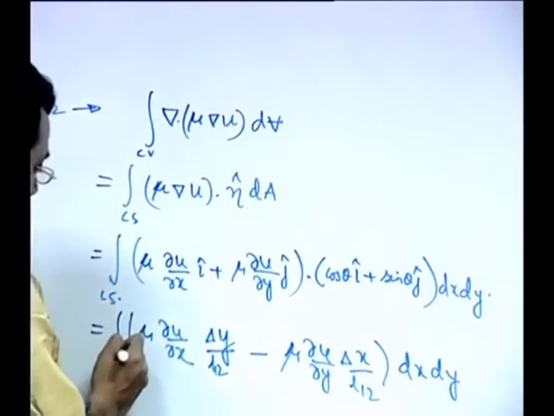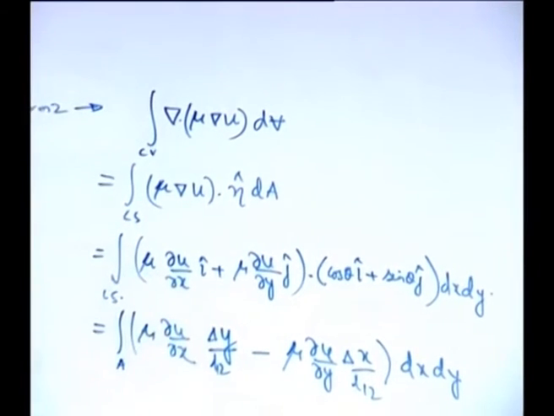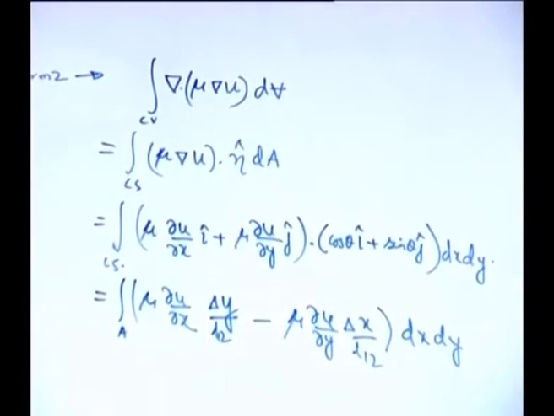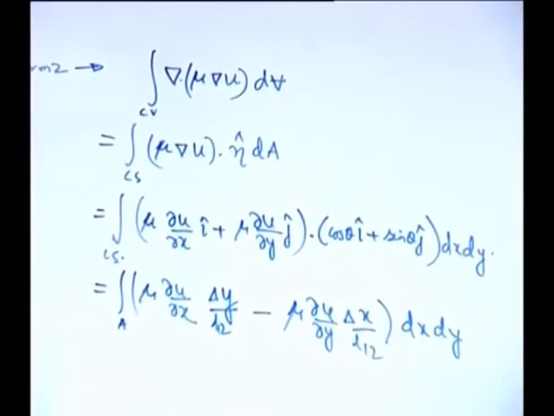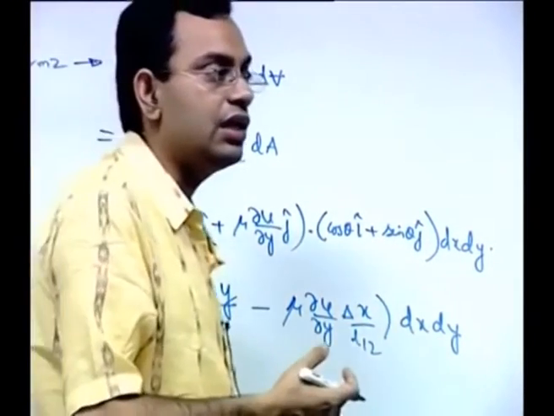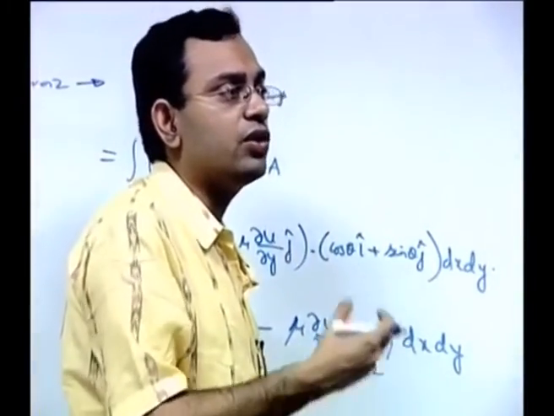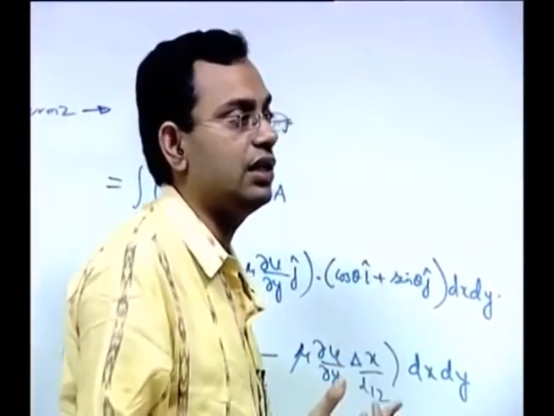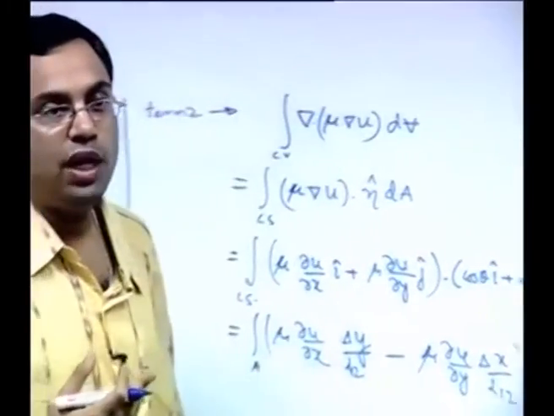Now, these are area integrals, we can convert these area integrals into line integrals. So, first we converted the volume integral into area integral, then the next step will be to convert the area integrals into line integrals, and that we can do by using Green's theorem.